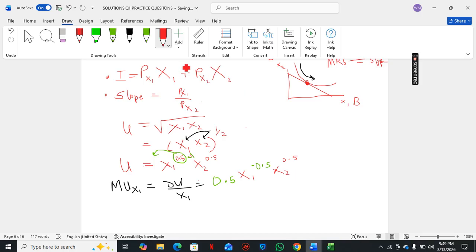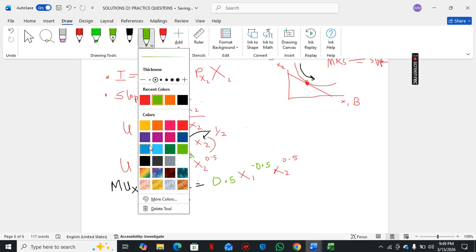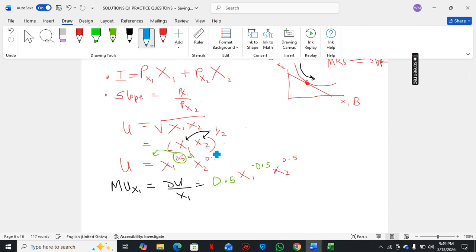Okay. Get the marginal utility of x2. The additional satisfaction you get when you consume one more unit of x2. So you can say MU x2.